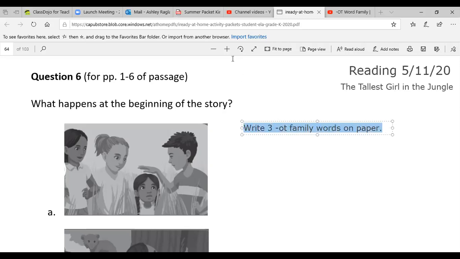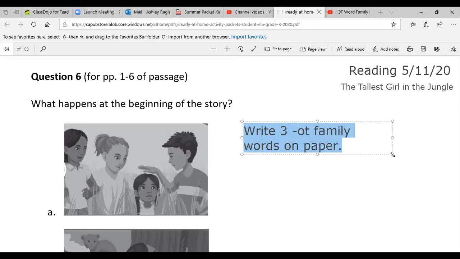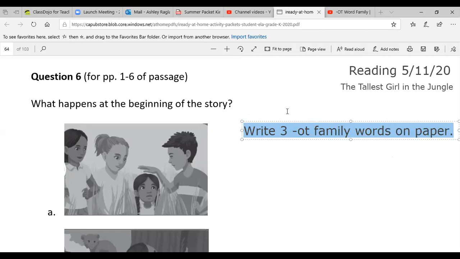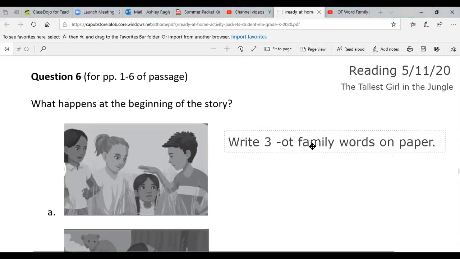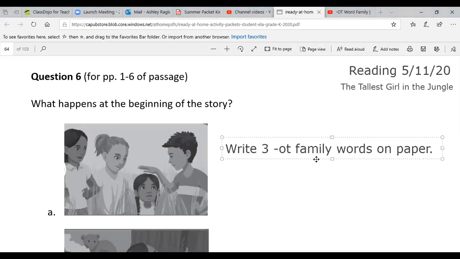It's the last thing you're gonna do. You don't have to copy what I just said. These are just the instructions if you need to read them. So this says, write 3 ought family words on paper. So think about 3 words that have to do with the ought family. If you need to, you can rewind this video and watch the video at the very beginning.